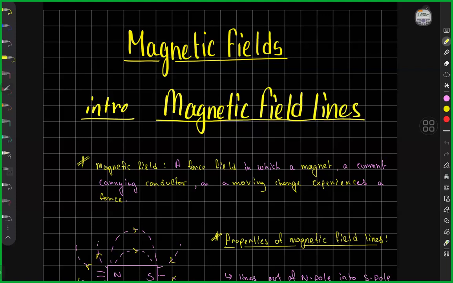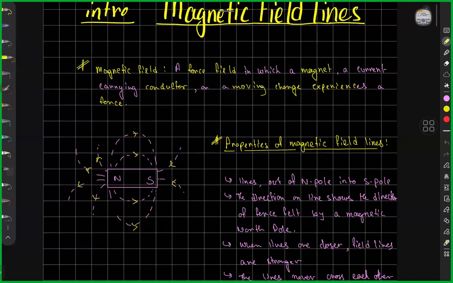Okay, good. Magnetic fields, one by one. I'll cover the definition. What is the definition of magnetic field? It is a force field in which a magnet, a current carrying conductor, or a moving charge experiences a force. What does this mean? Let's say I have a permanent magnet, and of course it will have its magnetic field.